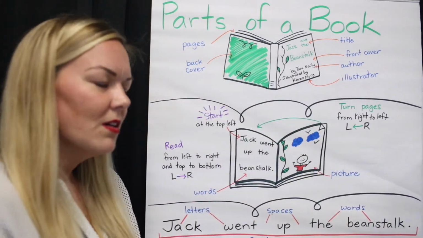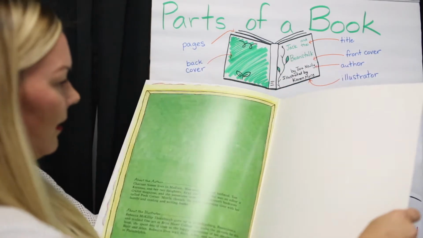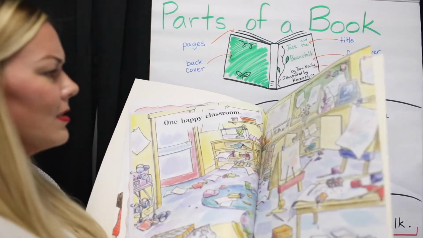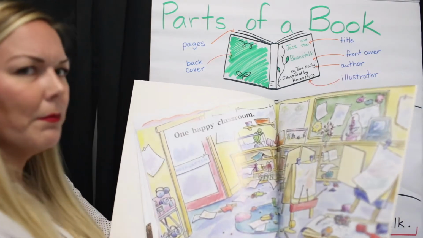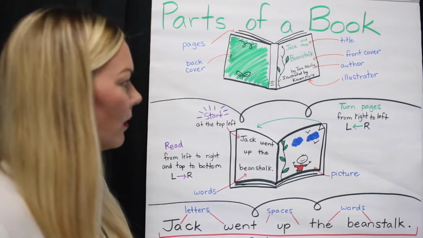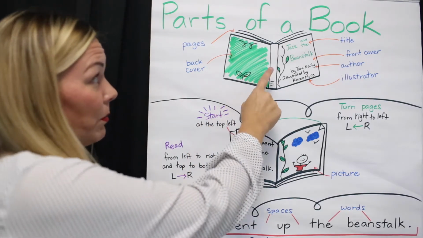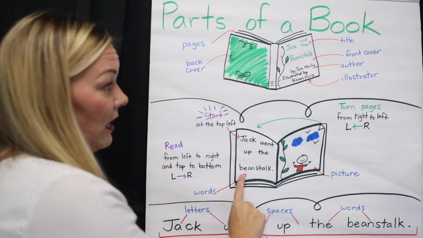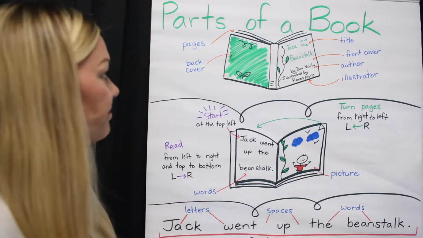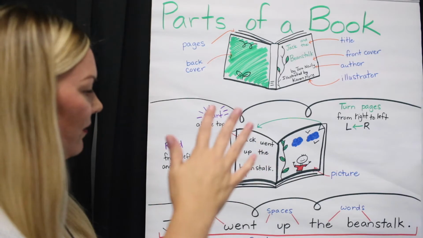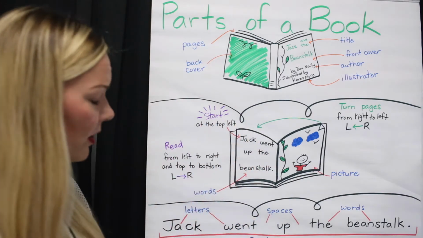There are times where I have opened the book from the back and thought, what's going on? But the story didn't quite make sense because I went in the wrong order. As it turns out, you have to start at the beginning of the book, open the front cover, and read through the book.